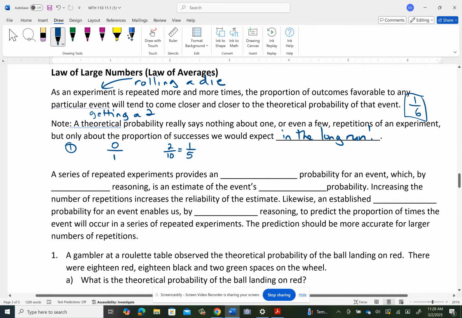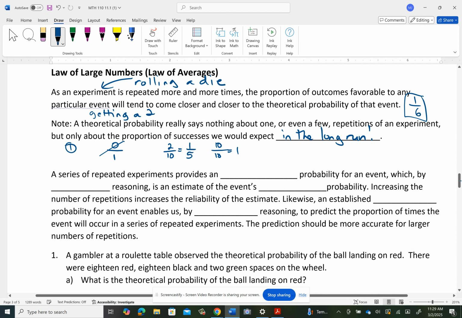Doesn't match the theoretical probability because you've only rolled the die 10 times. I mean, you could have gotten a 2 every single time. You might have been lucky and got a 2 every single time. Then the probability in those 10 times you rolled the die, if you got a 2 every time, would have been 1, right?